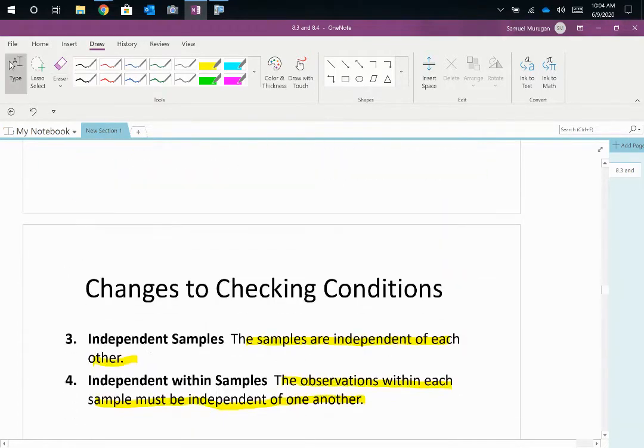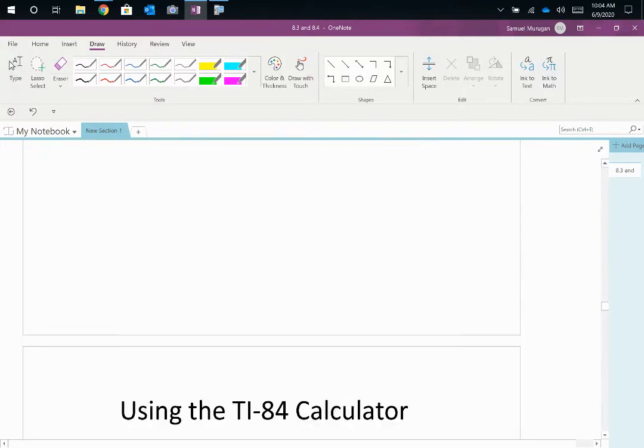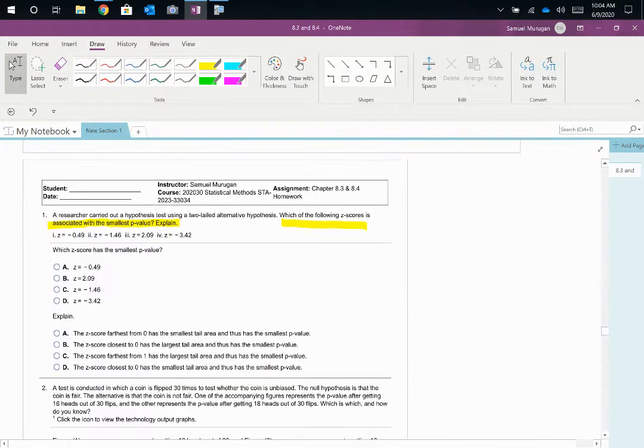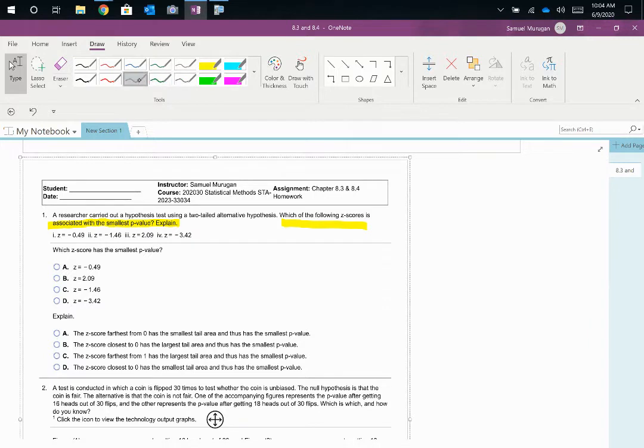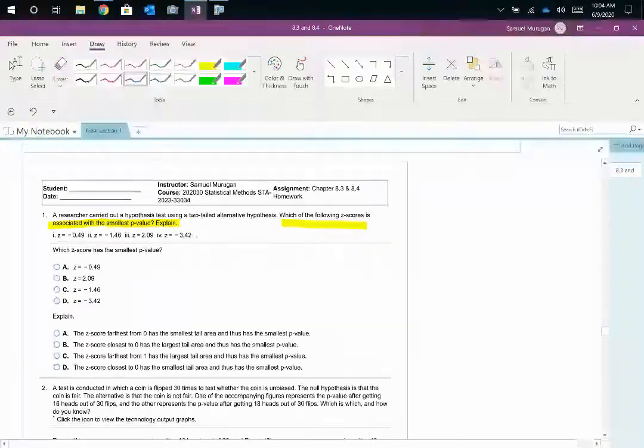And we're trying to find which of the z-scores is most extreme. You have negative 0.49, negative 1.46, negative 0.209, and negative 3.42. That is the most extreme from 0.